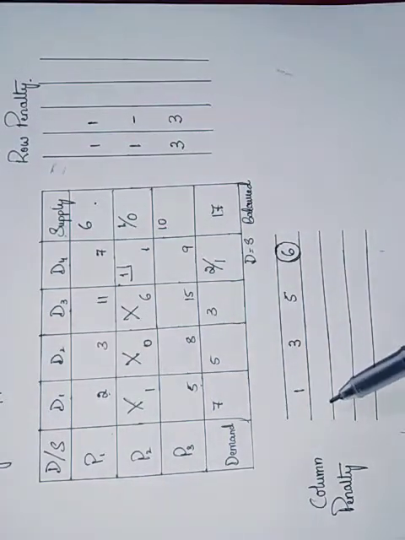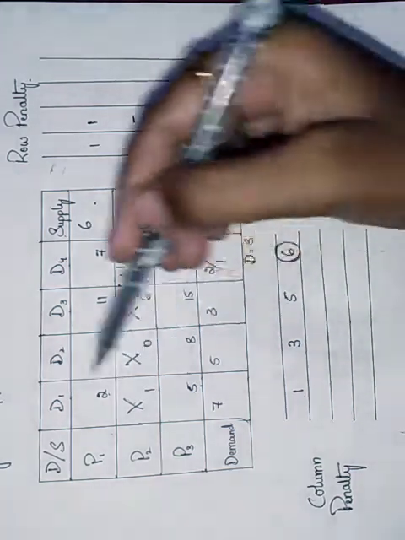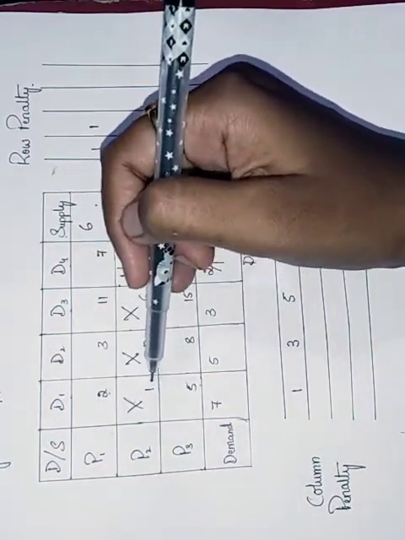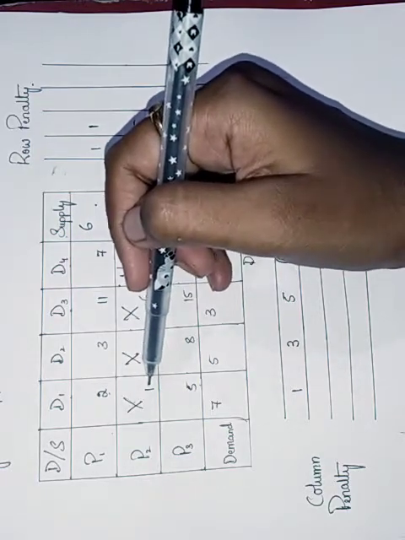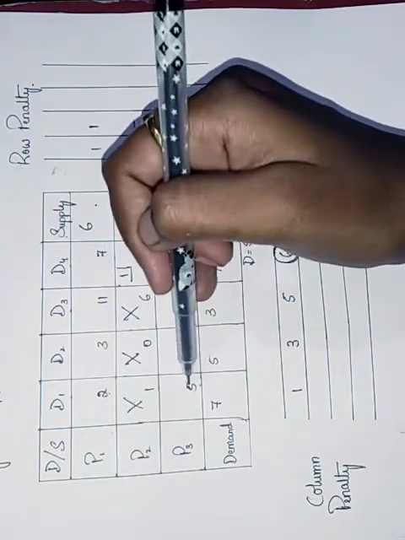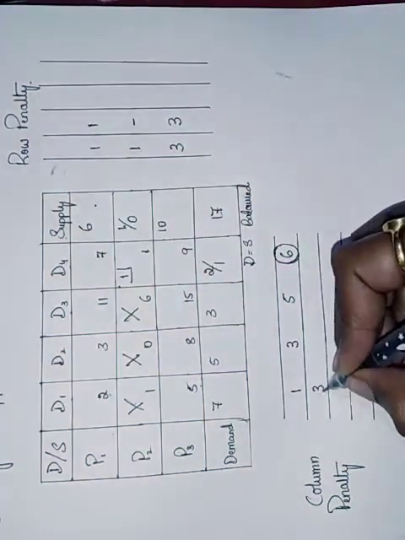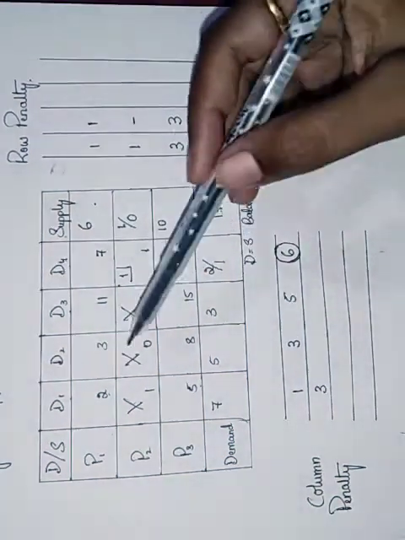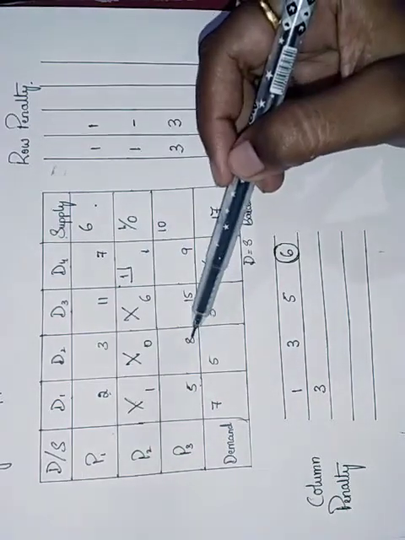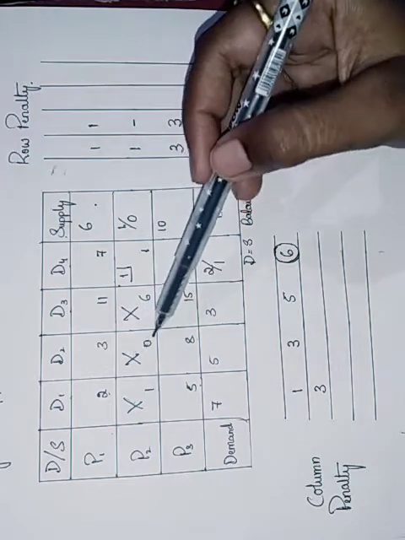And as usual, a column penalty, compare D1 column. Here we are not supposed to take 1 because it is already crossed out. So compare 2, least is 2 and next least is 5, difference is 3. And for D2, among 3 and 8 we are not taking 0 because it is crossed out.